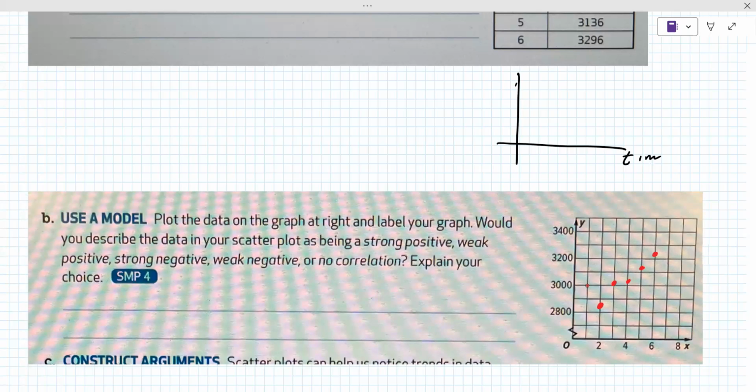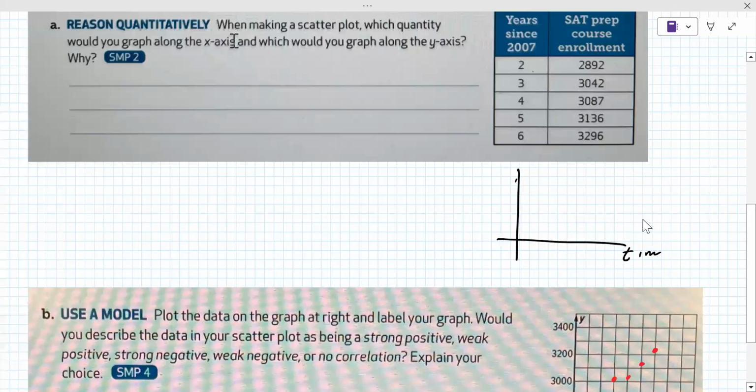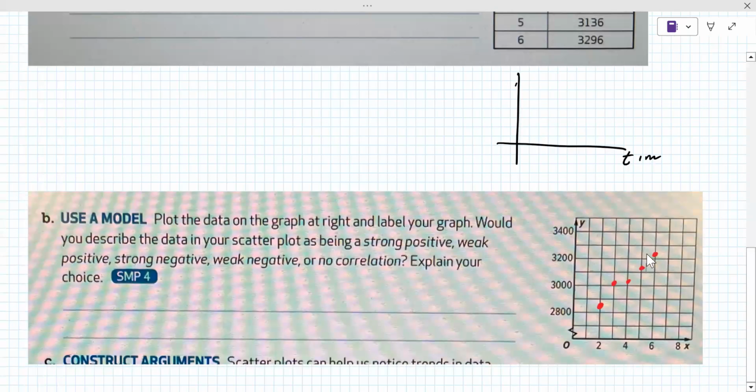All right, I've got it. Okay, so the graph, if you've done it reasonably accurately, and that's what they've got here, will show you an increase over time. Now, let's say you and I were running an SAT prep course, and we looked at the data, we could then make some inferences. We could say, well, what happened between year three and year 4?